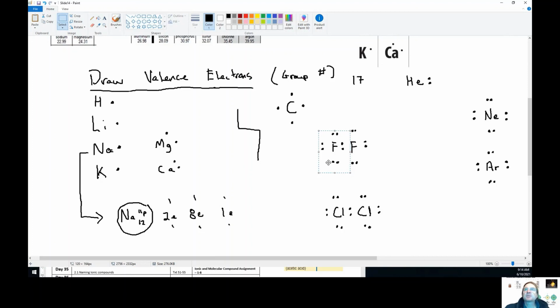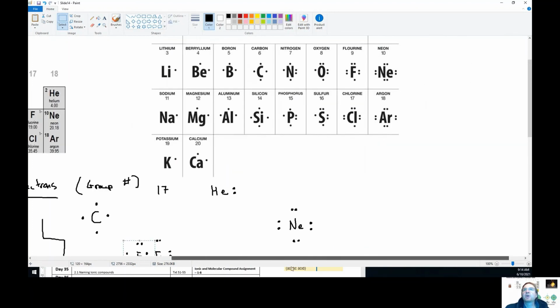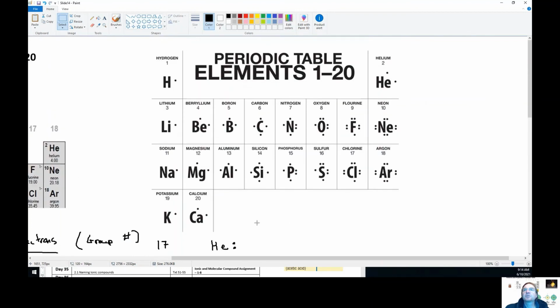Lewis dot diagrams, you got to know how to do those for all of the first 20. So practice this, hit pause, use your periodic table. For example, nitrogen is group 15, right? If nitrogen is group 15, therefore it's got 5.